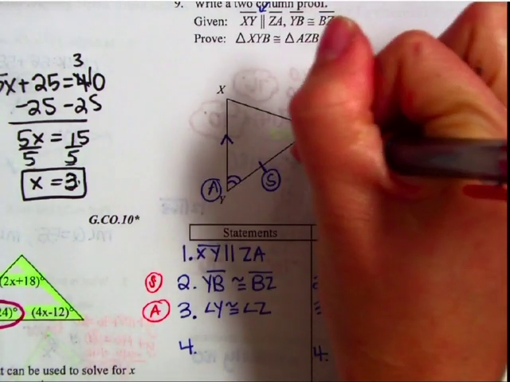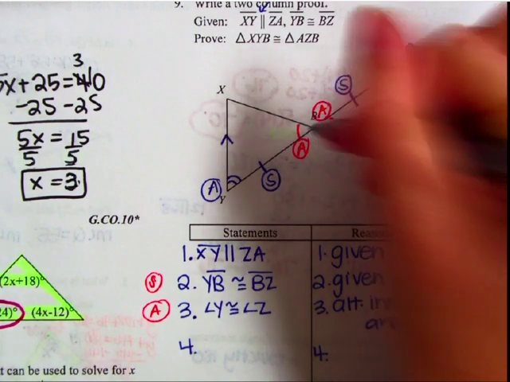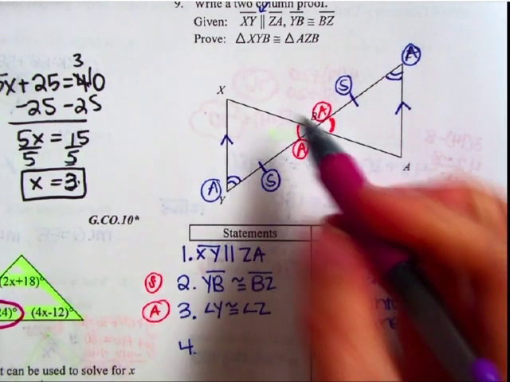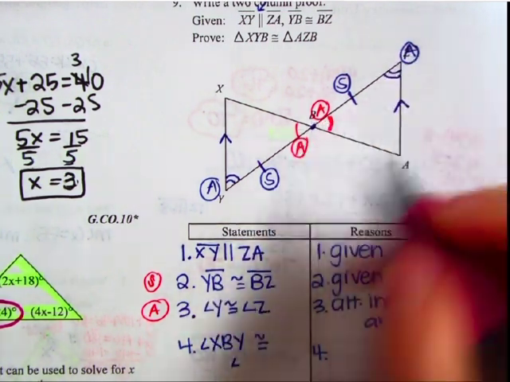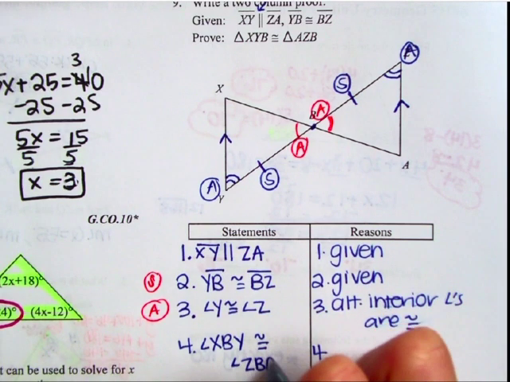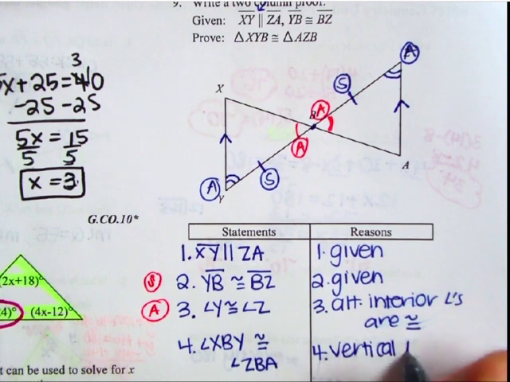Okay, so I have another pair of angles that are congruent. This angle right here, we can't call angle B, we're going to call angle XBY, is congruent to angle ZBA. Okay, and that's because they are vertical angles, and vertical angles are congruent.